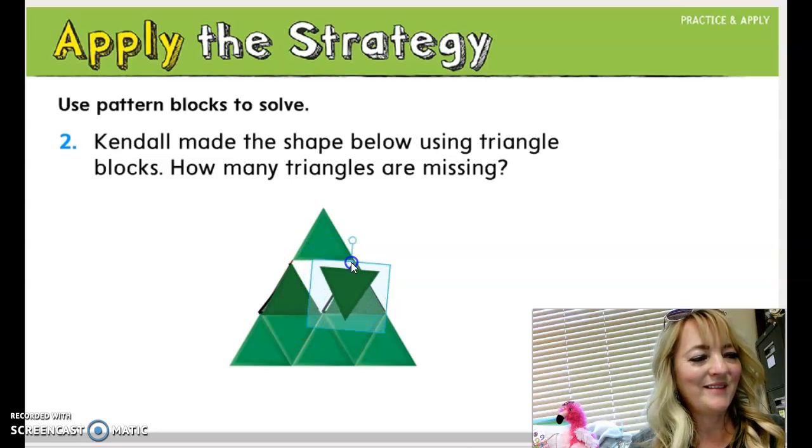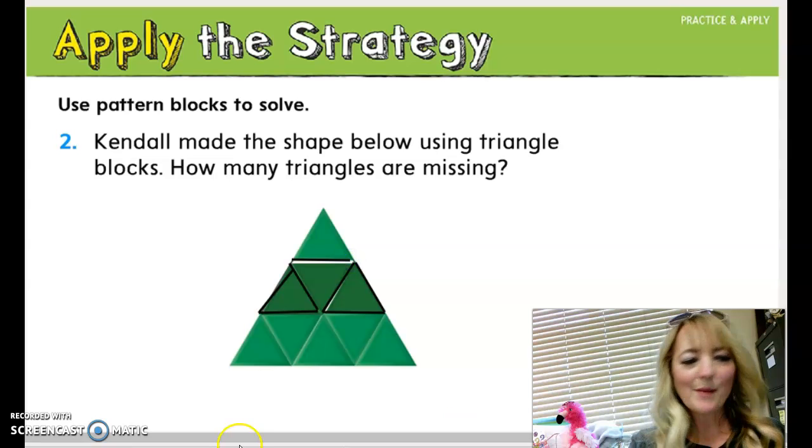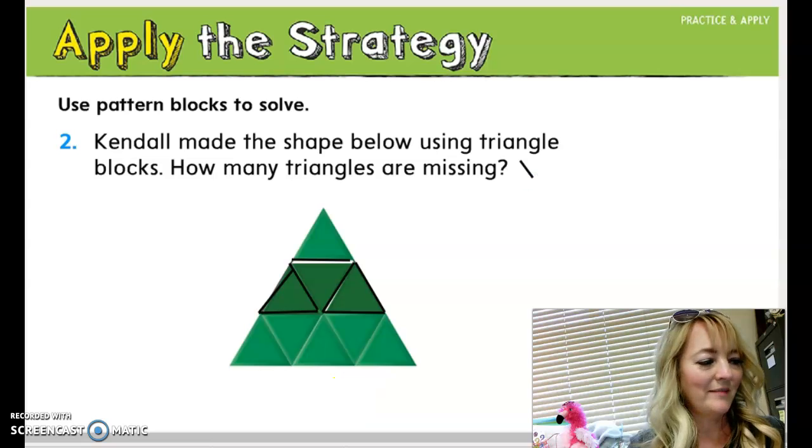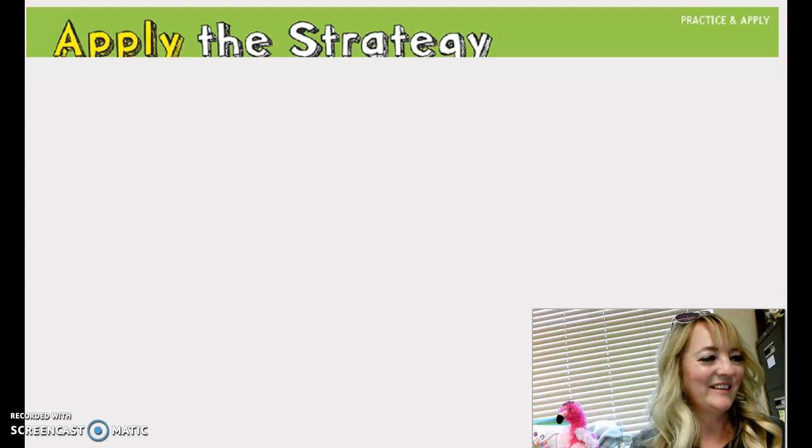You need to turn that one upside down. And then if you just want to trace around to the edge of that one. So we used, how many triangle blocks are missing? We used 3. Oh gosh, that gave me the wrong tool. Okay.